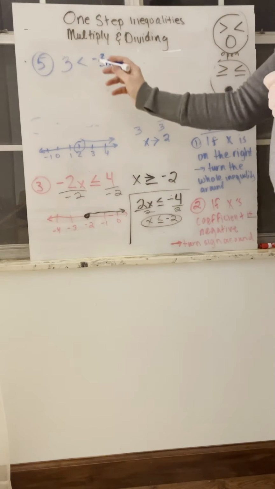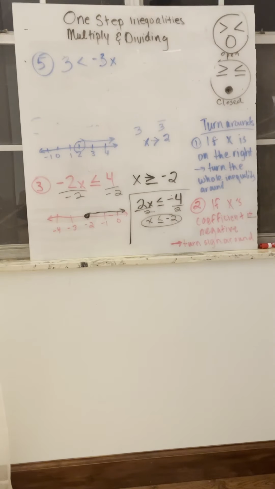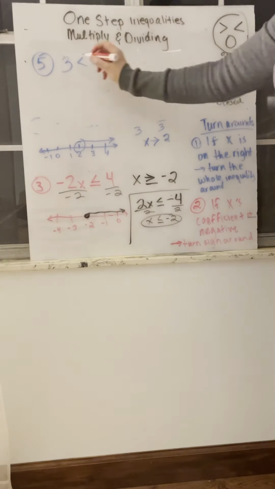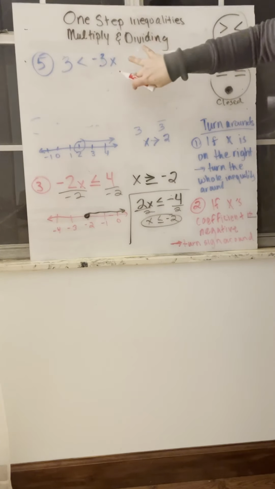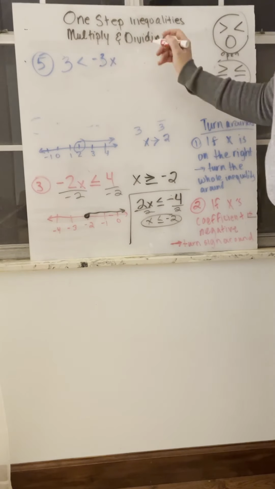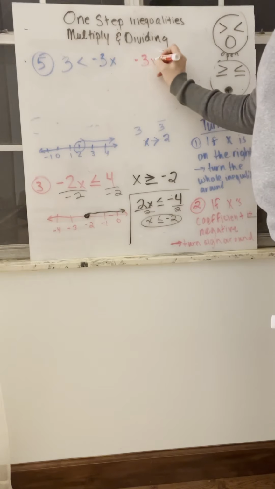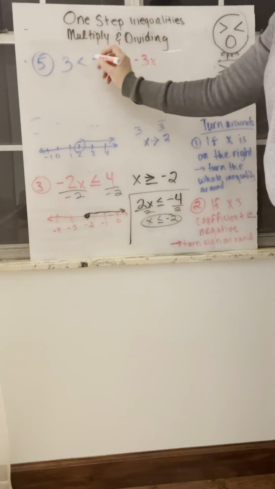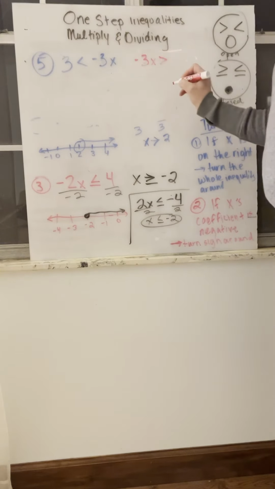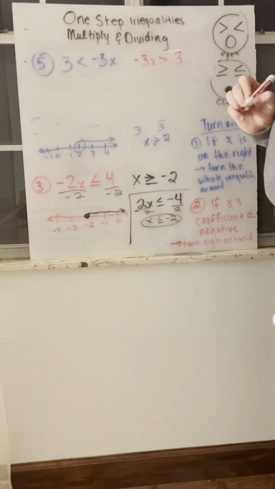The first thing we're going to do is turn the whole thing around to get my x on the left side instead of the right side. So it's 3 is less than, the mouth is facing the x term, so we turn that around so it's also facing the x term. So it's going to be -3x is greater than 3.